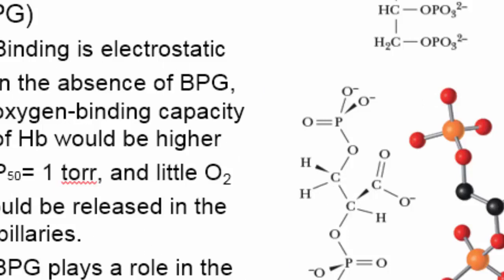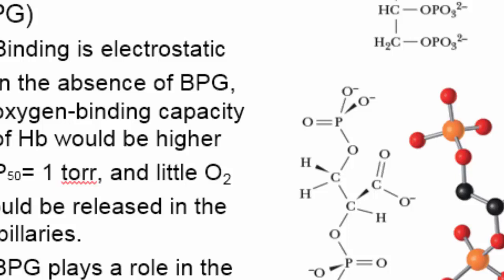Now, in the absence of BPG, the oxygen binding capacity of hemoglobin would be higher, P50 equal to 1 torr, and little oxygen would be released in the capillaries. BPG plays a role in the supply of oxygen to the growing fetus. BPG is known as an important allosteric effector of hemoglobin.